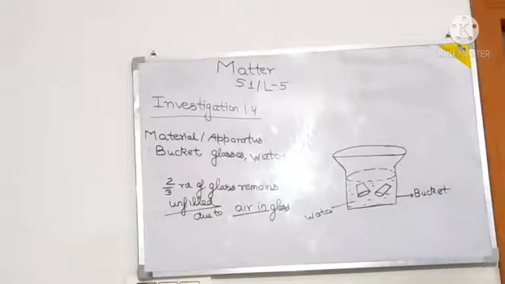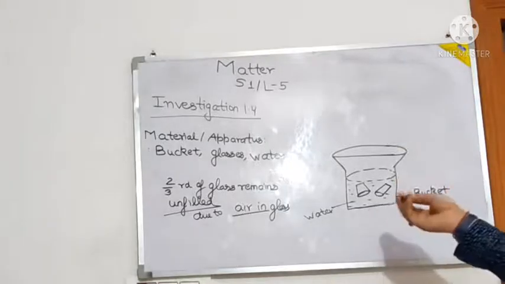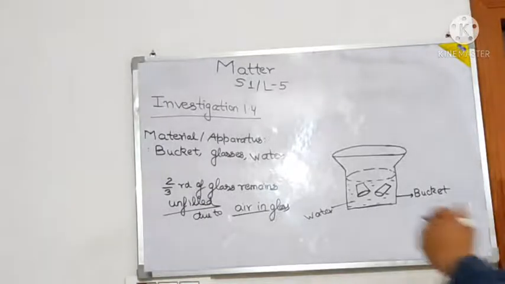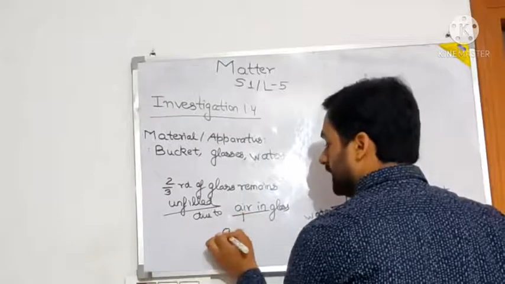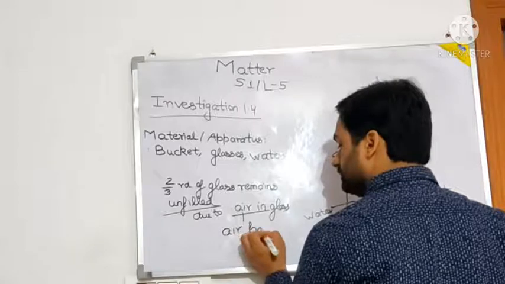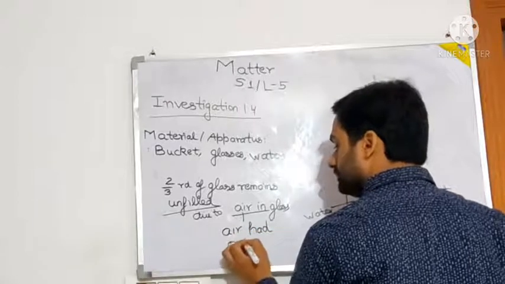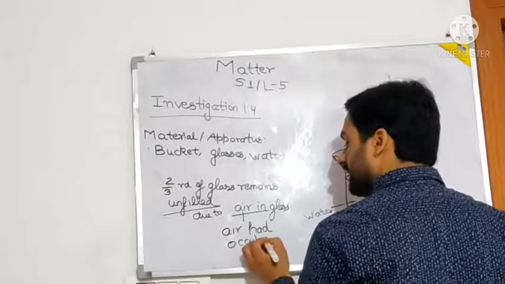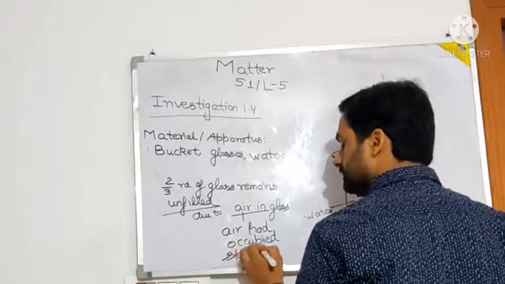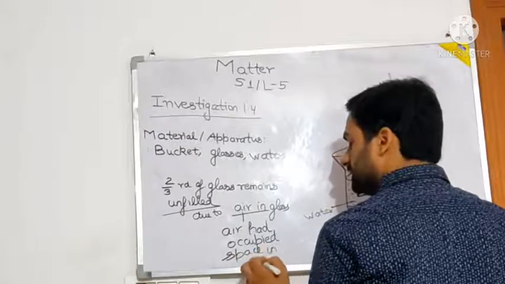2/3 remains unfilled. And because of the air in the glass, it is not able to fill completely. Then what next? Thus we can say that air occupies space. Obviously, since air was there in the glass, air had occupied space in the glass.